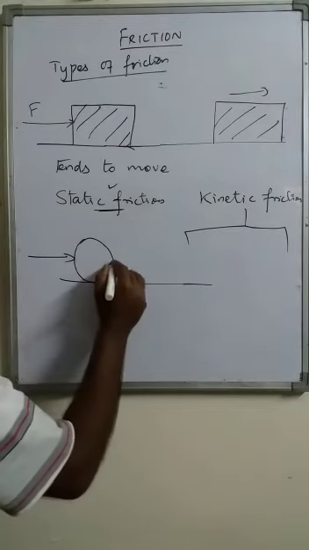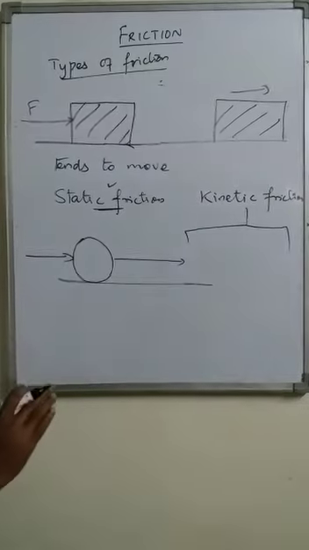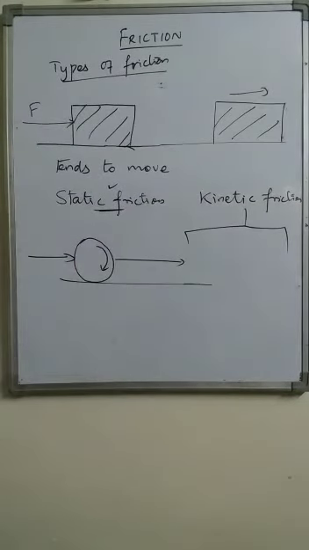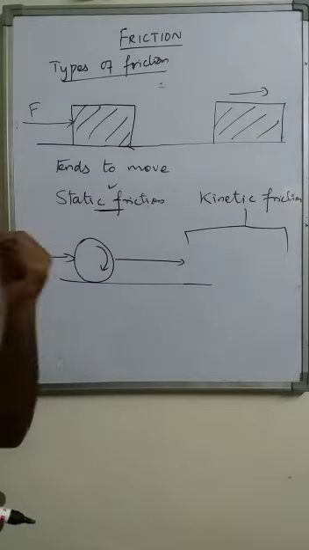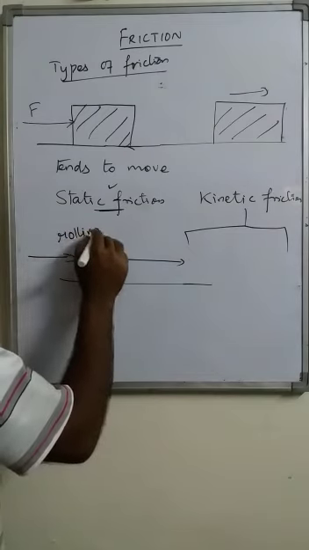One is the ball moves in a straight line. As it is moving along the straight line, it rolls about its axis also. It rotates about its axis also. And in this case, we say the ball is rolling.